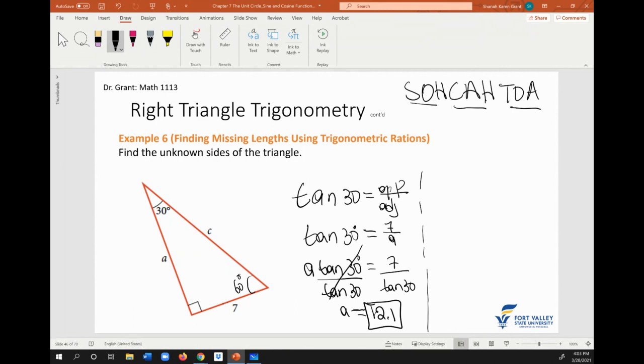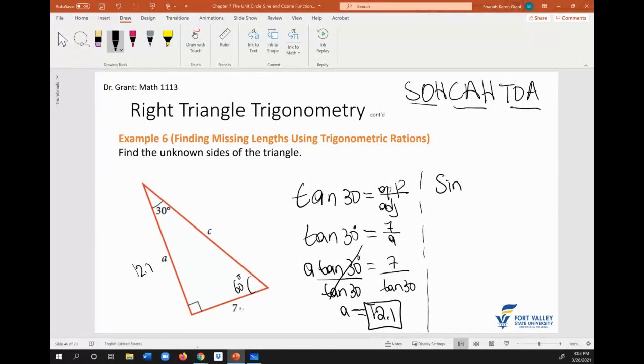Now that we have A, you can actually use any trig ratio you desire, because you have two sides and one is missing. So let's say we do sine, using the same opposite side.